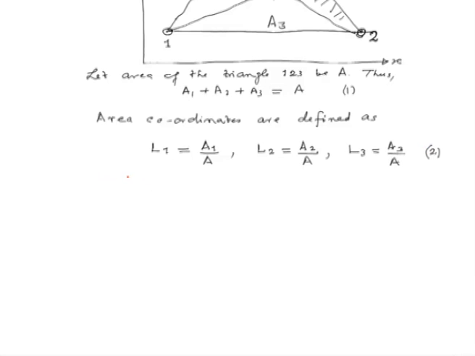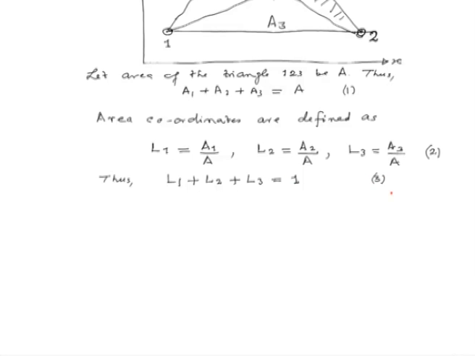So, thus what we have at L1 plus L2 plus L3, that is equal to A1 plus A2 plus A3 by A, that is equal to 1.